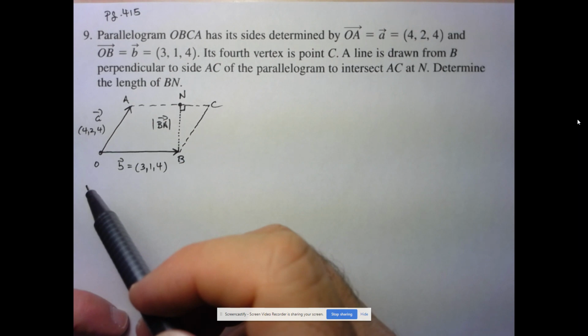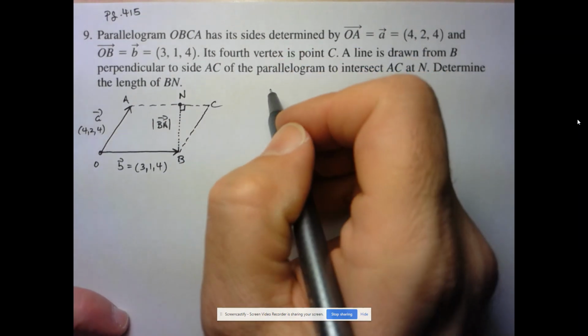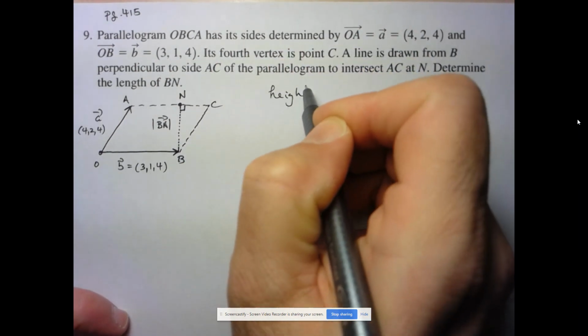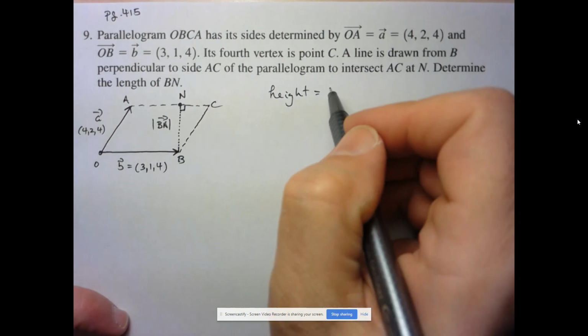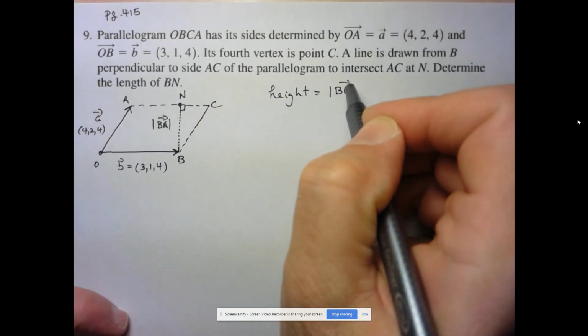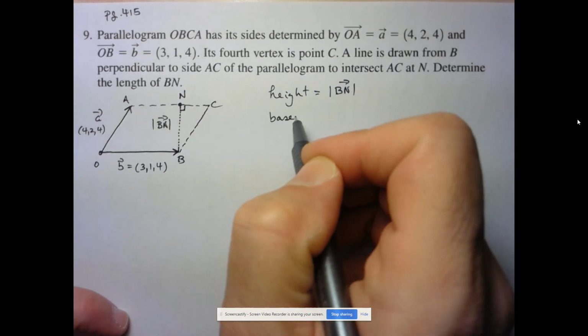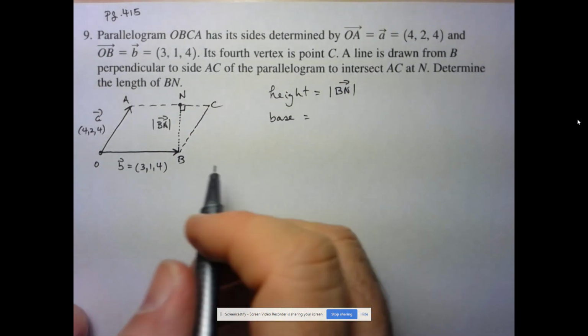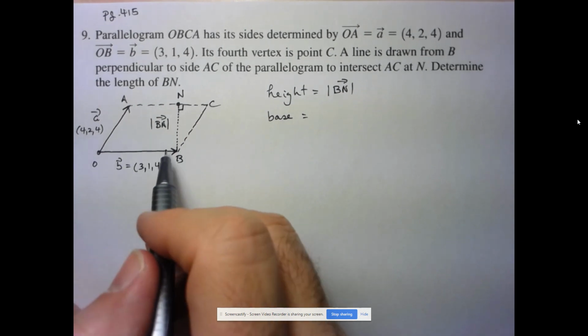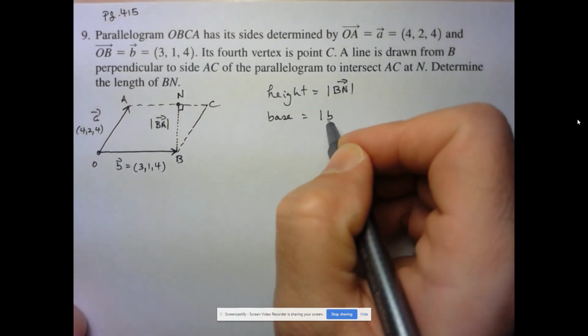The height we're going to use is the length we're looking for, the magnitude of BN. The base length of this parallelogram is just the magnitude of vector B.